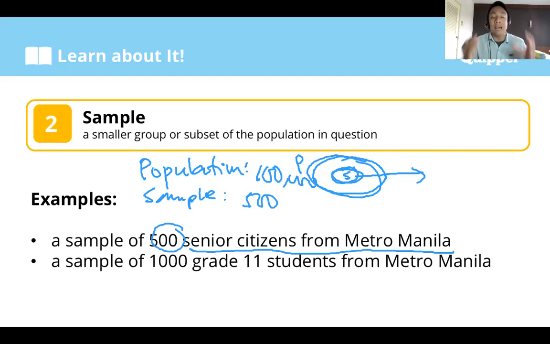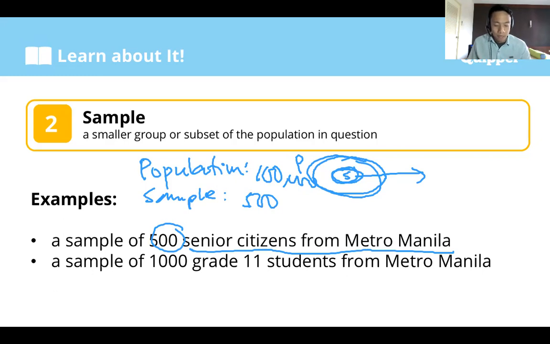Paano kukunin si sample from population? Kumbaga, anong gagawin natin? Ikaw lang ba ang bahala? Or is there a device? Is there a proper organizer? Something like that. Okay? So, malalaman natin mamaya kung paano kumuha ng sample sa isang population.